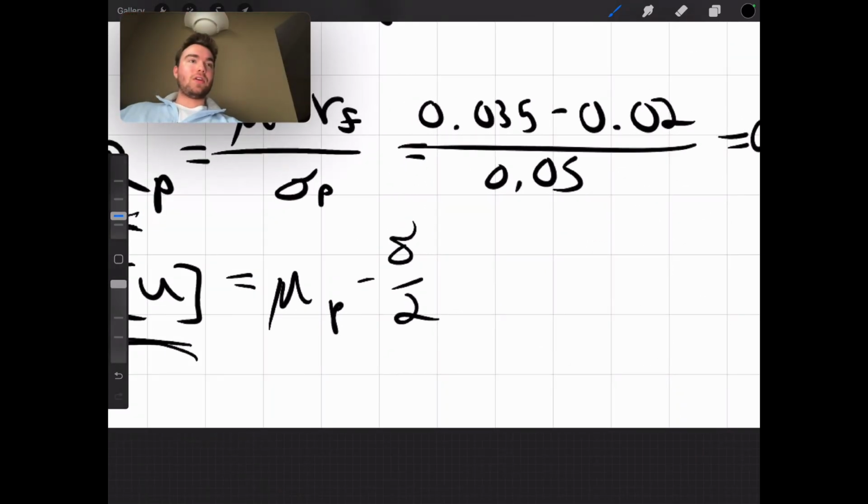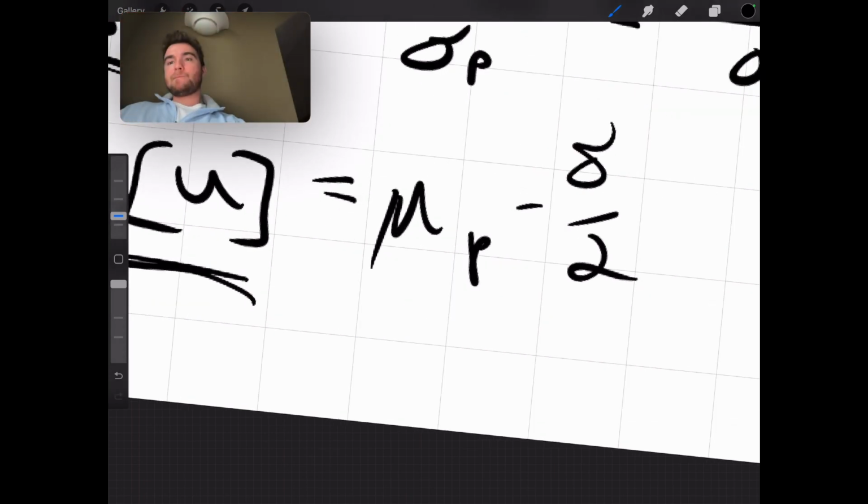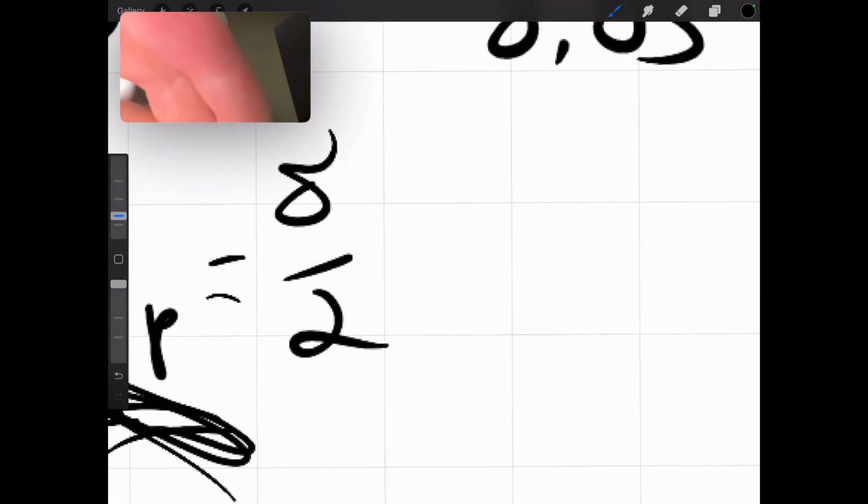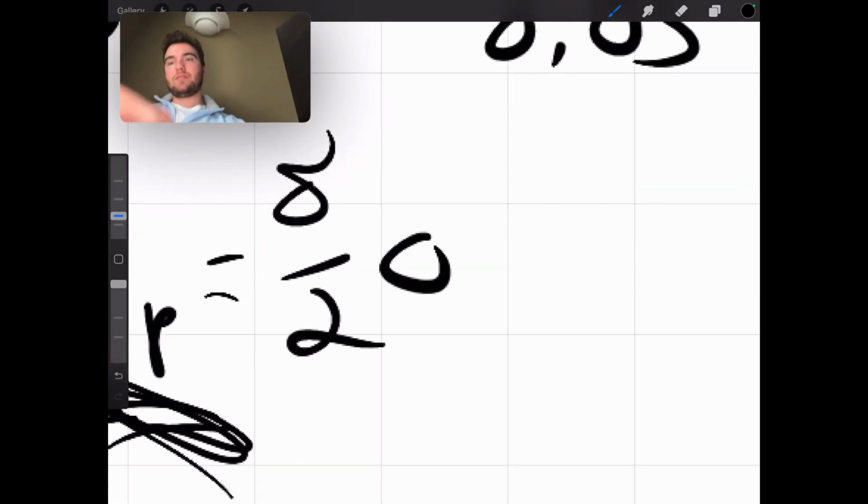Okay. So the expected utility is the profit of the portfolio less, I'll write the rest of this down.